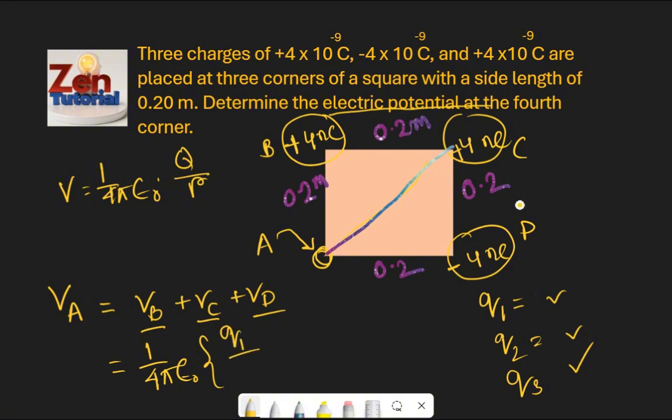Now Q1 over R1 plus Q2 over R2 plus Q3 over R3, right? Here, the very important thing is to determine the value of R1, R2, and R3.